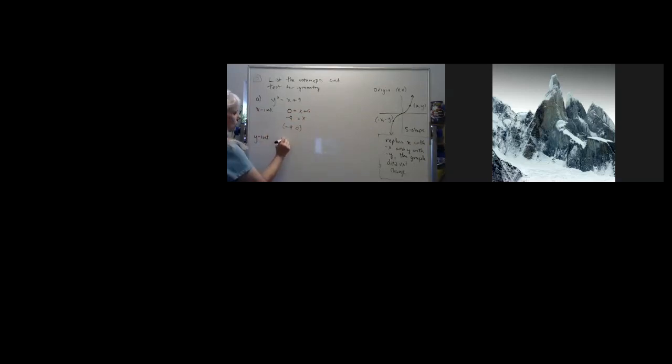Find the y-intercept. We'll replace the x with a 0. That'll give me y squared equals 9. When we square root both sides, we get y equals the square root of 9, which is 3. And because you're solving, you tack that plus or minus on. So we have two y-intercepts. I have 0, 3, and I also have 0, negative 3.